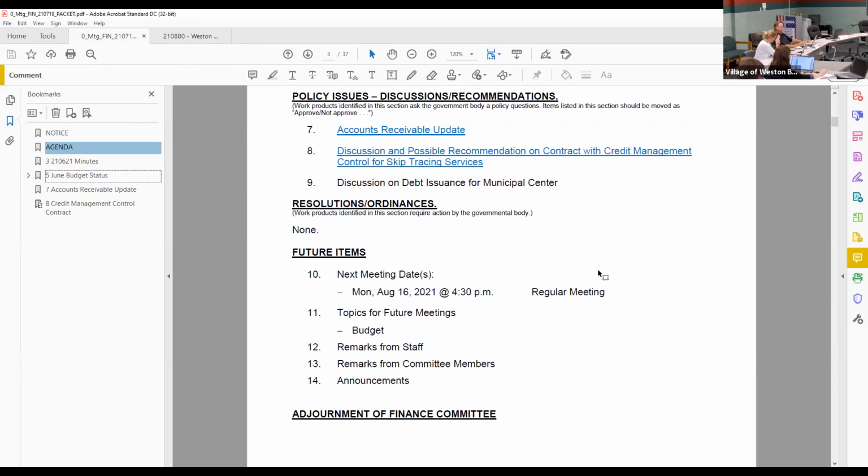Right. As a government, we need the resolution which allows us to pay these bills and then reimburse ourselves with debt proceeds. So that resolution will be coming next month, along with the RFP results, hopefully, we'll have to see how that goes.